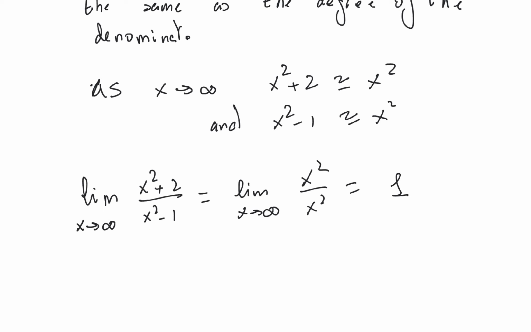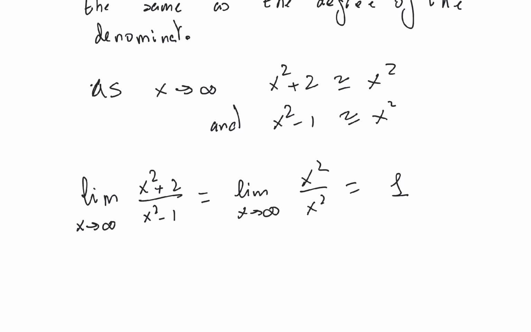If they take $1 away, for x tending to infinity, it will be the same 1 million squared. So this limit, x squared plus 2 divided by x squared minus 1, is the same as the limit of x squared divided by x squared. But the limit when x goes to infinity of x squared divided by x squared is 1. So the limit is 1.